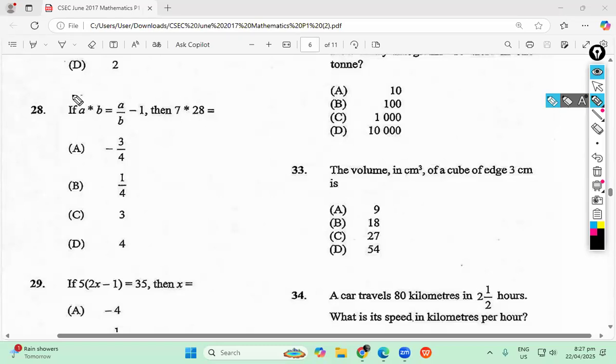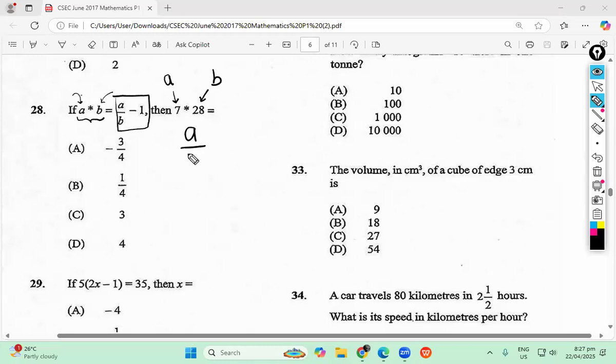You notice the pattern here. A comes first and B comes second in their question. Now, A doesn't have to come first, but in their pattern, A comes before the B. So that means they're trying to tell you, please pretend A is 7 and please pretend B is 28, and throw it into this equation. That's all they want you to do.